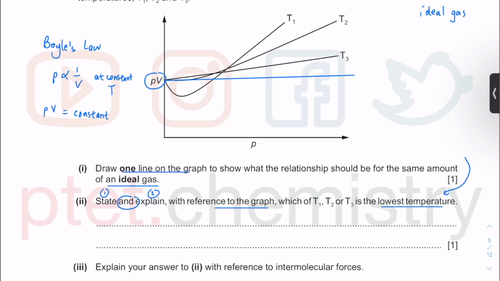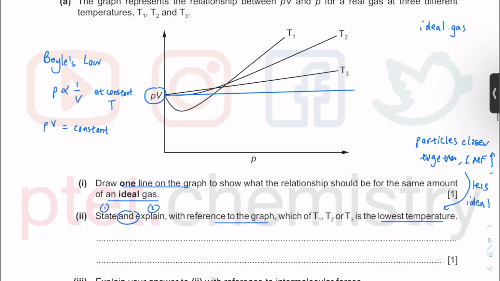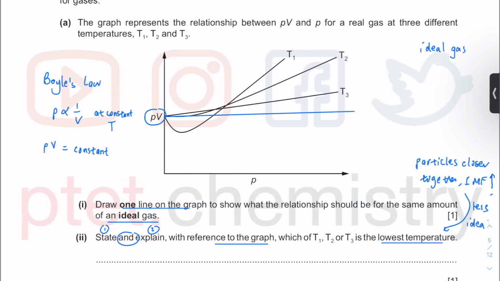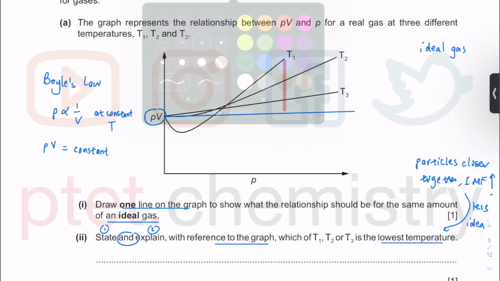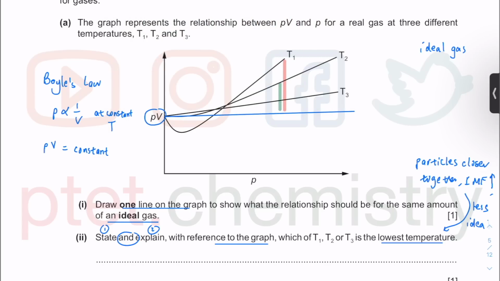When you have low temperature, your particles are closer together. So if your particles are closer together, your intermolecular forces will be stronger. If your intermolecular forces get stronger, we can imagine these being less ideal. And when they become less ideal, we can expect them to deviate the most between T1, T2, and T3. T1 deviates this much at this particular pressure, T2 deviates around this much by the green color, and T3 deviates by around this much.